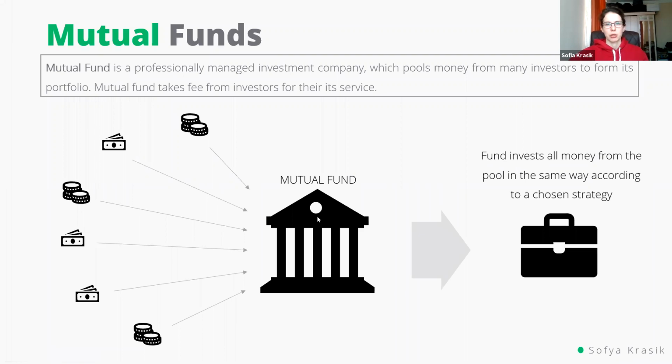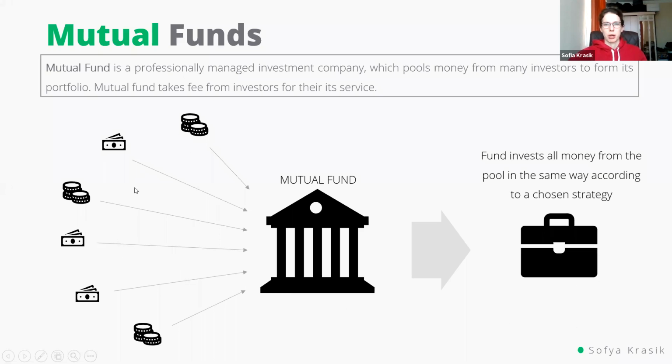Just as a reminder, this is a slide from the very first class when we discussed the financial system. A mutual fund is a professionally managed company which has its own strategy. It has only one big portfolio with only one strategy, and all people who invest in a mutual fund just buy some small share of this fund's portfolio.